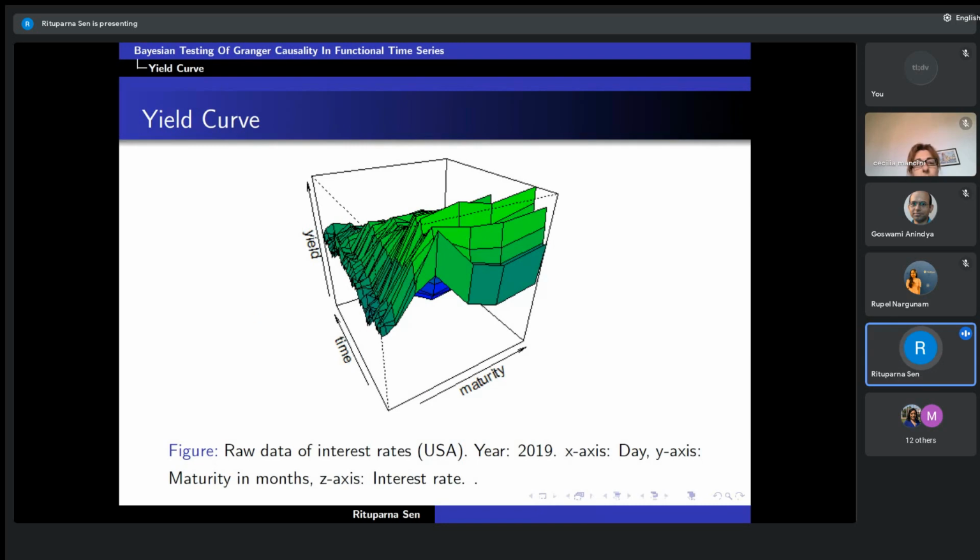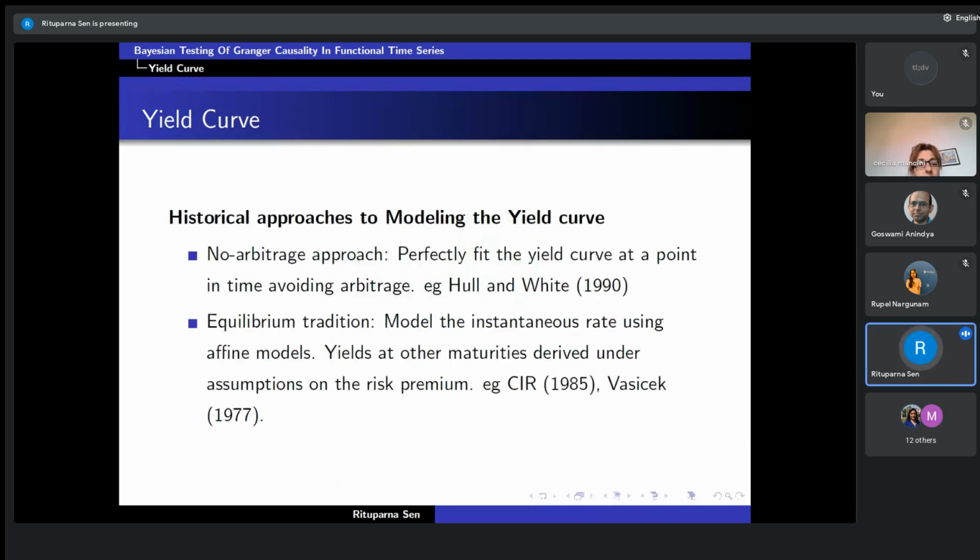So for different days, you model the instantaneous rate, the spot interest rate for 1 day kind of thing, and that is done by affine models, and then you use theoretical models on risk premium to model the other maturities. So it's kind of like the two traditions. One of them is modeling only along the x-axis and the other is modeling only along the y-axis. And there was no unified approach for both of them.